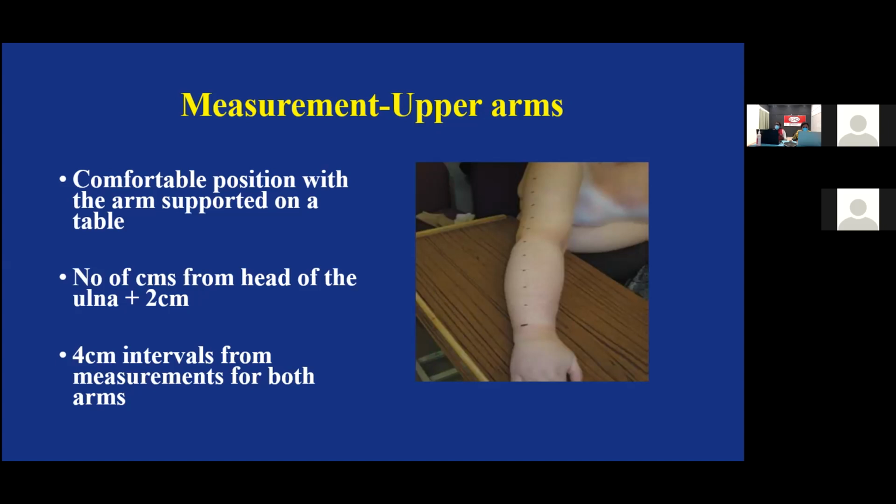In the upper limb, you take the measurement from the head of the ulna plus 2 centimeters. You mark there first, and from the marked point, then you mark every 4 centimeters.